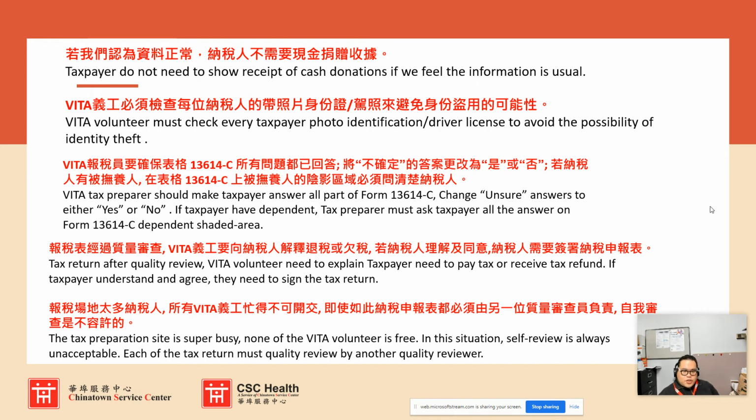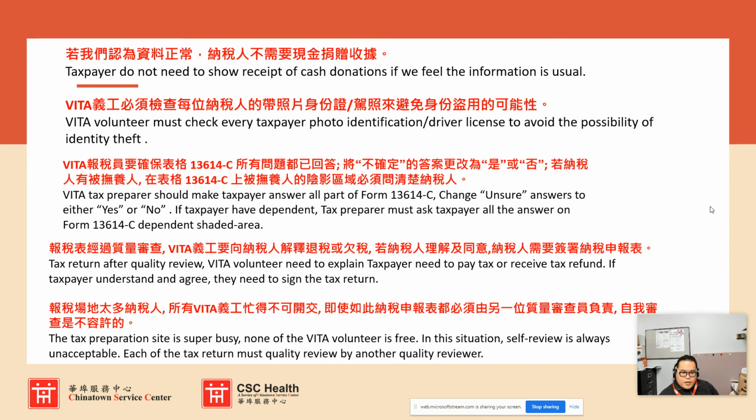A VITA volunteer must check every taxpayer's photo ID and driver license to avoid the possibility of identity theft. A VITA tax preparer should make the taxpayer answer all parts of Form 13614-C, changing unsure answers to either yes or no. If the taxpayer has dependents, the preparer must ask the taxpayer all the answers in the dependent shaded area of Form 13614-C.